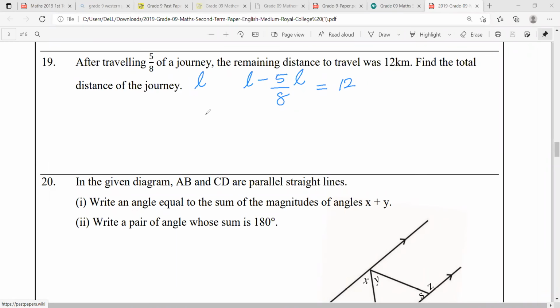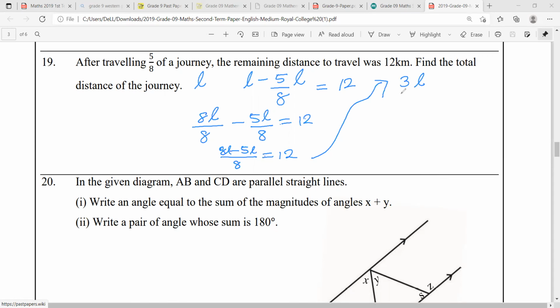Then you can take a common denominator, then it becomes 8L minus 5L divided by 8 is equal to 12. Then this is 3L divided by 8 is equal to 12. Then I can multiply both sides by 8.